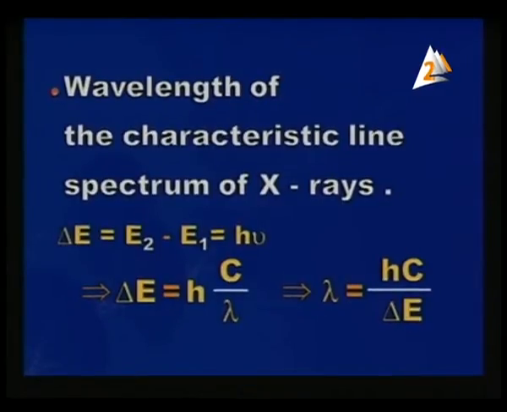So the difference between the two levels equals h nu. Instead of writing nu, we could write c over lambda, and the wavelength in this way will be equal to hc over the difference between the energies of the two levels between which the electron is moved.